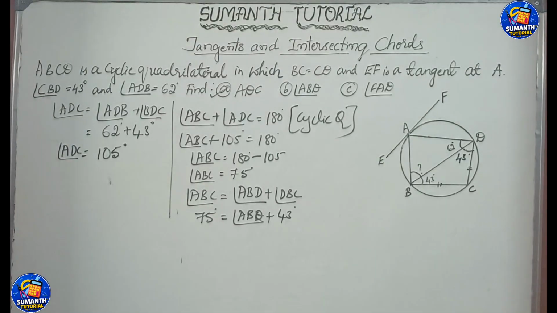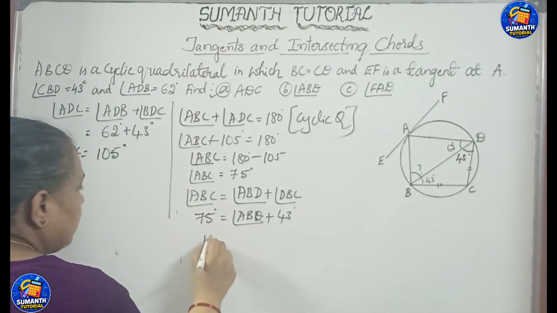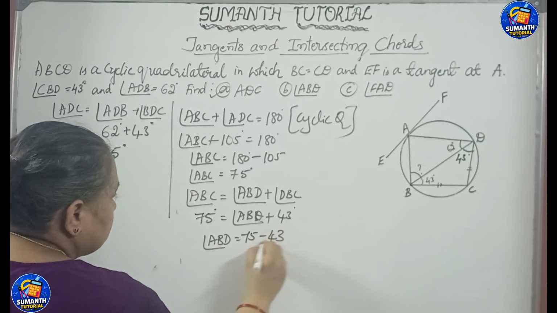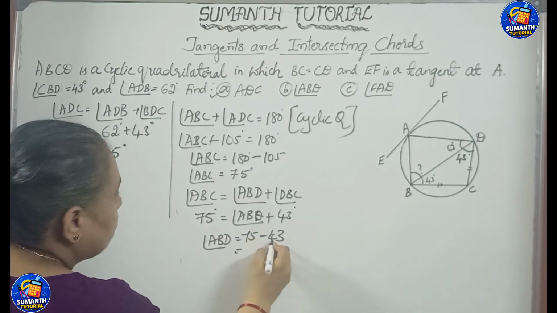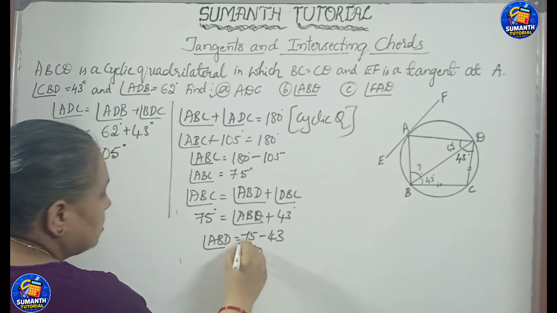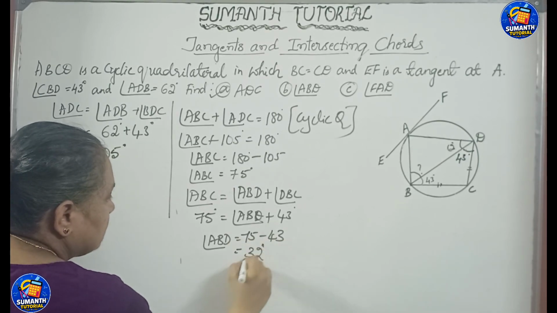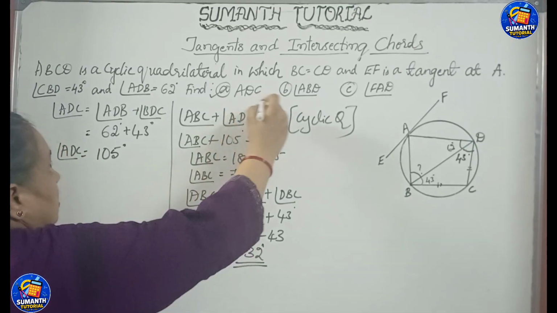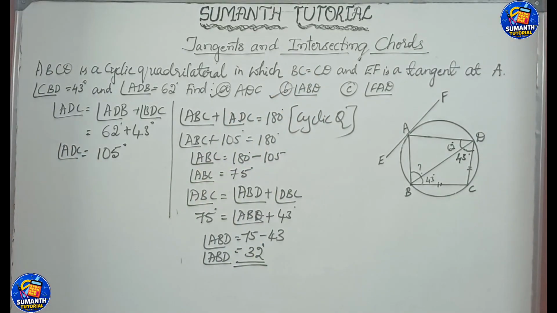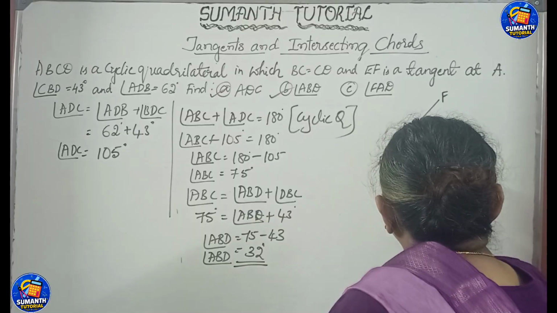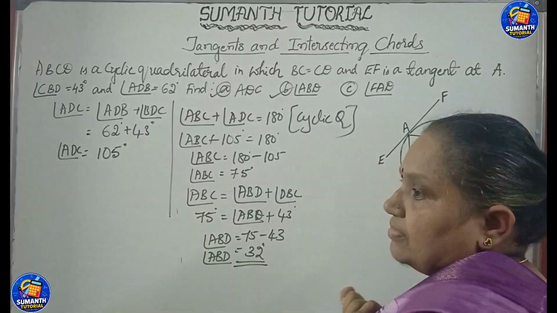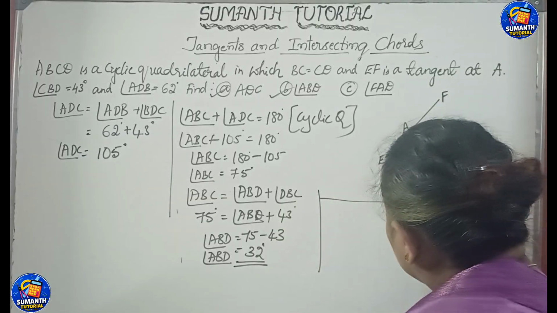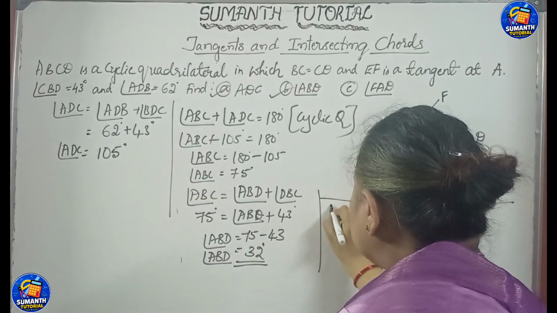Just subtract this one. Therefore, angle ABD is equal to 75 minus 43. That is equal to 5 minus 3 is 2, 7 minus 4 is 3. That is 32 degree. So the second answer is how much? Angle ABD is equal to 32 degree.